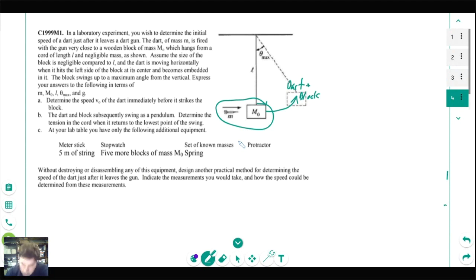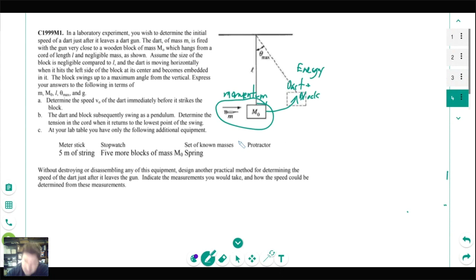Well, we know the dart and the block collide. So there's a collision here. This looks like momentum. And then it swings up higher. This looks like energy.